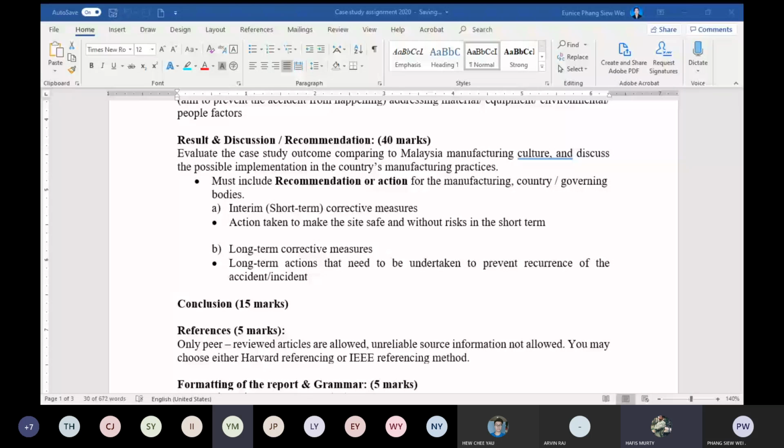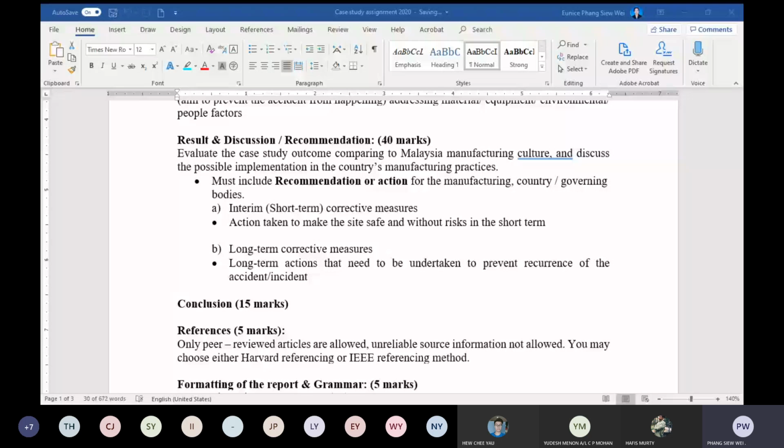For the assignment, the references, how many do you want? You can put in as many as you want, because I'm not going to count how many references you put in. But as long as you put them inside your assignment or reports, remember, to avoid plagiarism, it's always good to cite them. For safety reports, you can cite internet sources or anything.